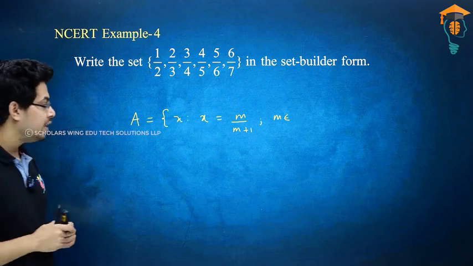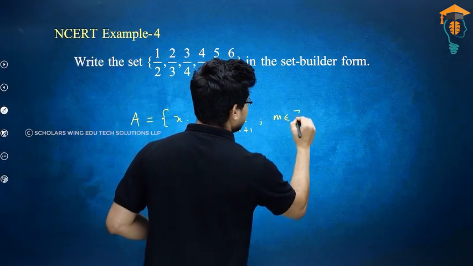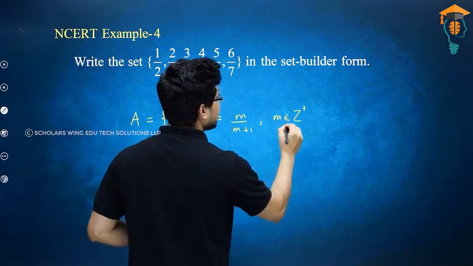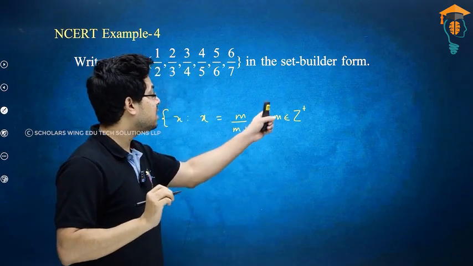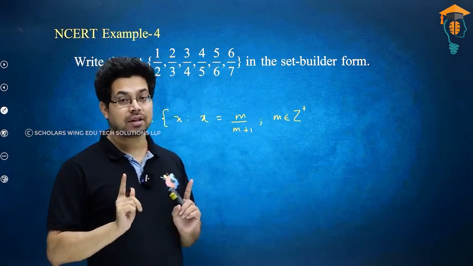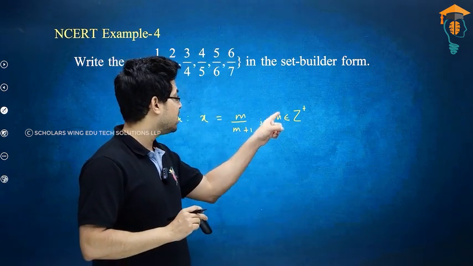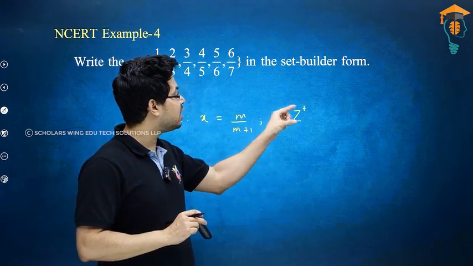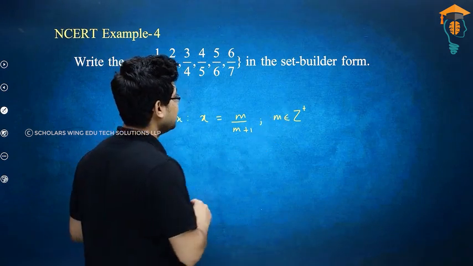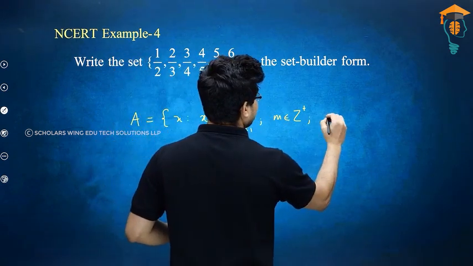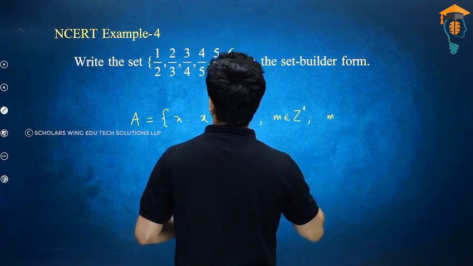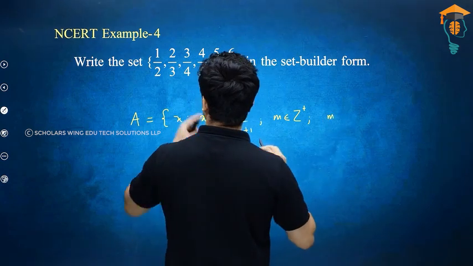Positive integer, Z plus. Remember, this sign belongs to, we have discussed this sign in the beginning in basic mathematics, right? All the notations, signs, everything. So this means m belongs to Z plus, that means positive integer, such that m is greater than 1.